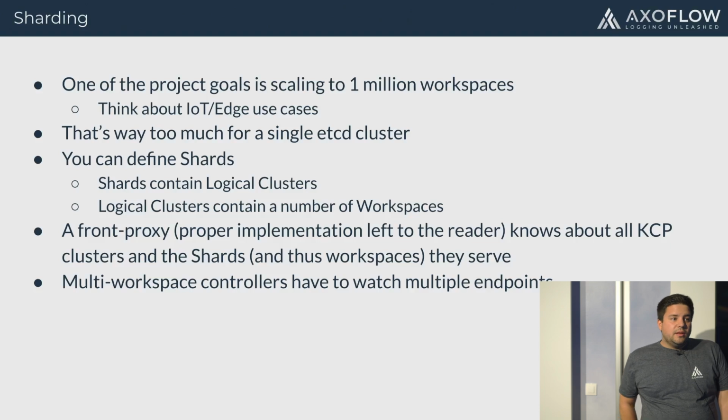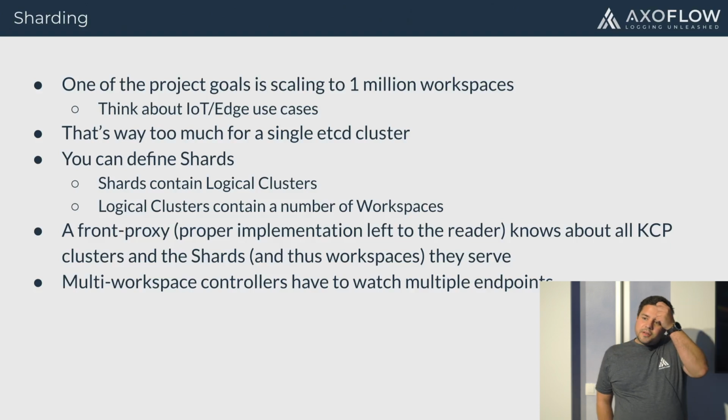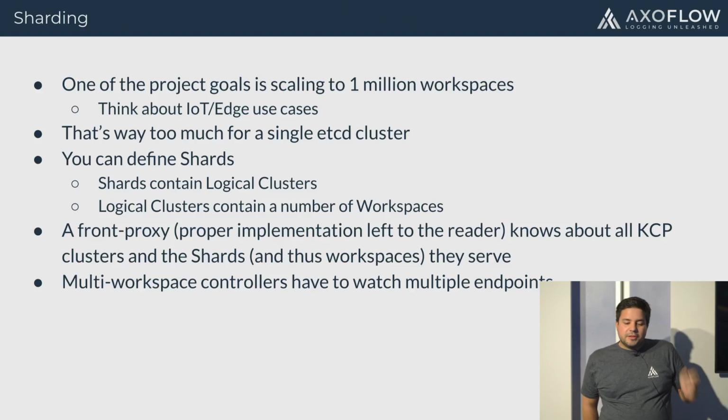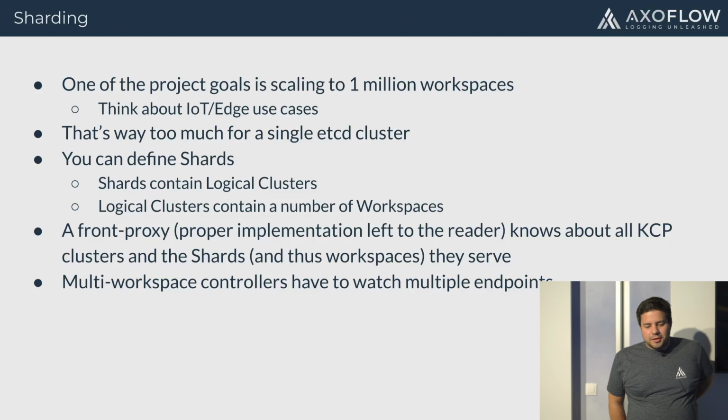Sharding is an important design feature of KCP, but it still needs work for production use. I think their original design goal, so at least one design goal, was that they want to handle 1 million workspaces.